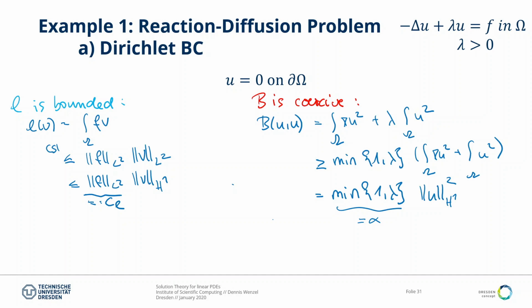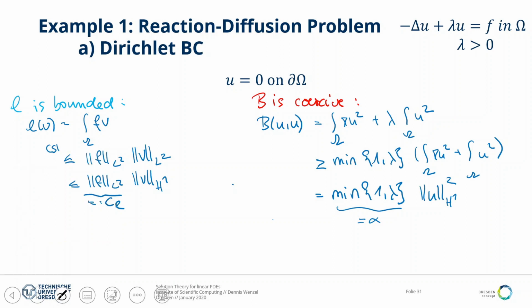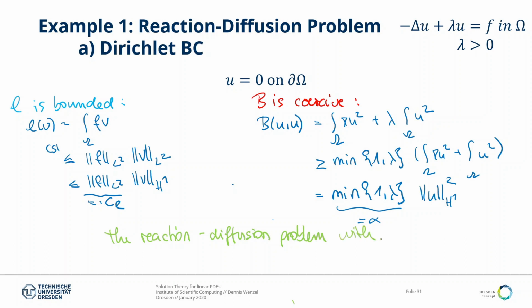And now with the combination of those three quantities, we are done, because we can now conclude that the reaction diffusion problem with our homogeneous Dirichlet boundary conditions has a unique solution, following from Lax-Milgram's lemma.